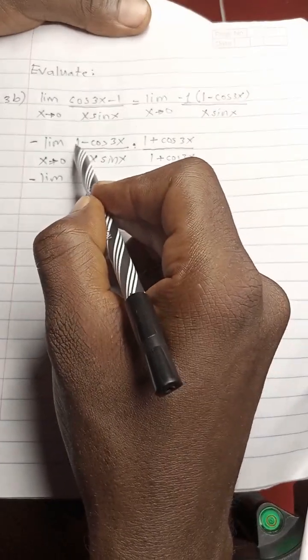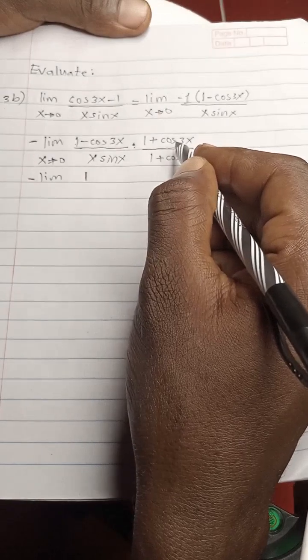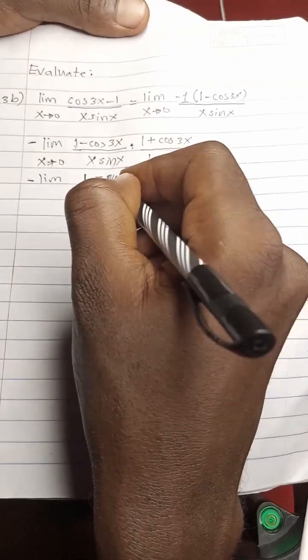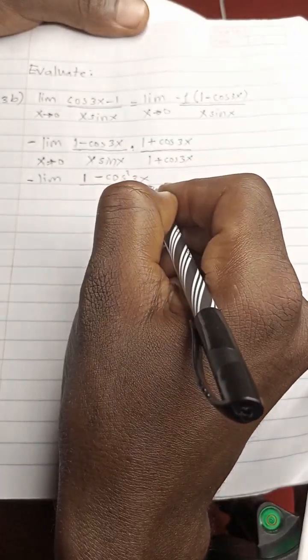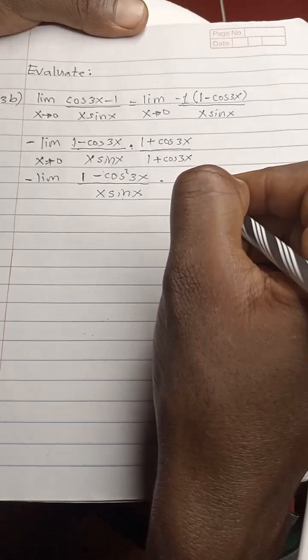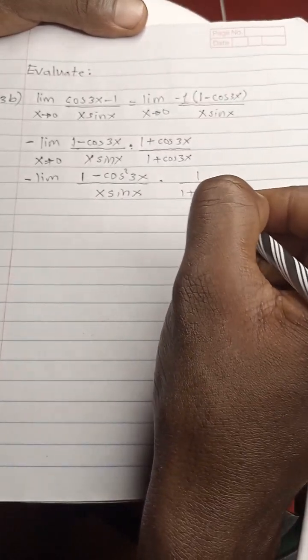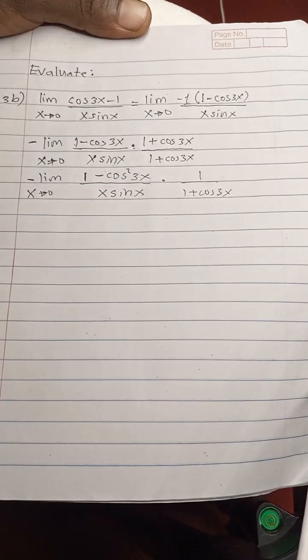So multiply the first term, 1 times 1 is 1, and minus cos 3x times positive cos 3x is minus cos squared 3x. Now we divide this by x sin x and multiply by 1 over 1 plus cos 3x. We still have the same thing as x approaches 0. So this is what we have.